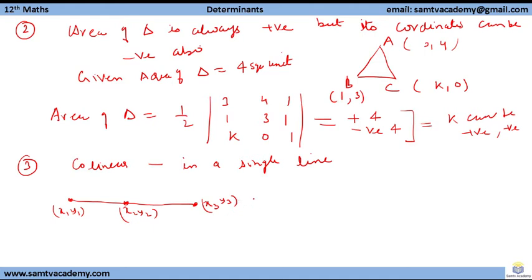So if it is given that points are collinear, then you can see that these 3 points are on the same line, and then they are not going to make any triangle.